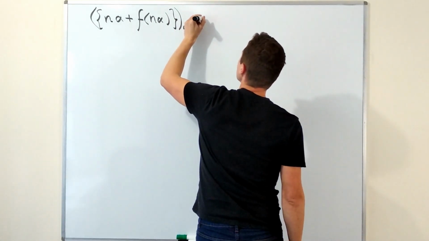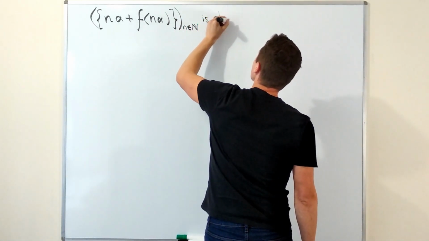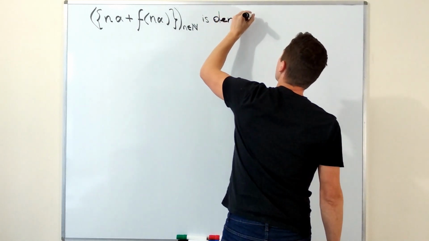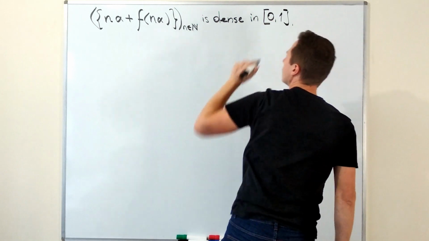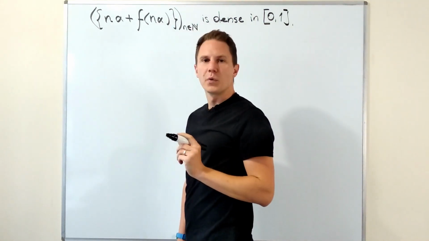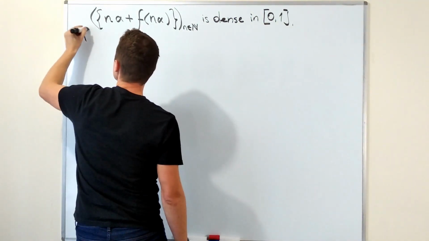It is going to form a dense subset in the unit interval. And we arrived at two possibilities, so we said there are two cases to distinguish.